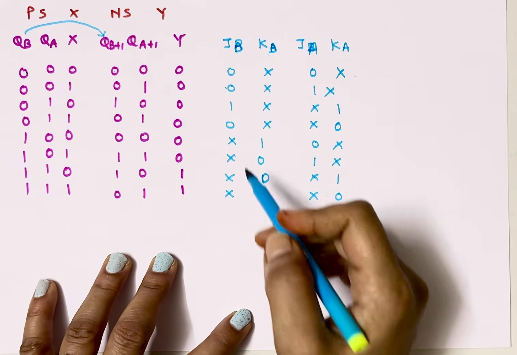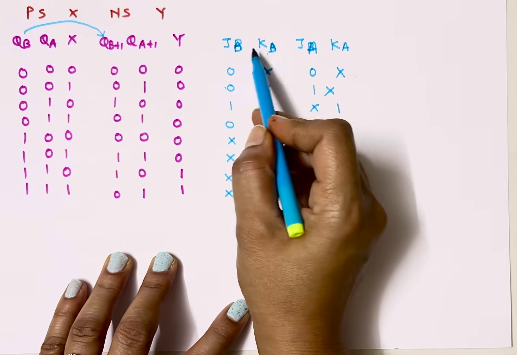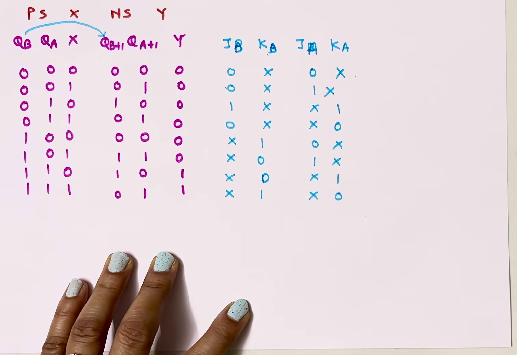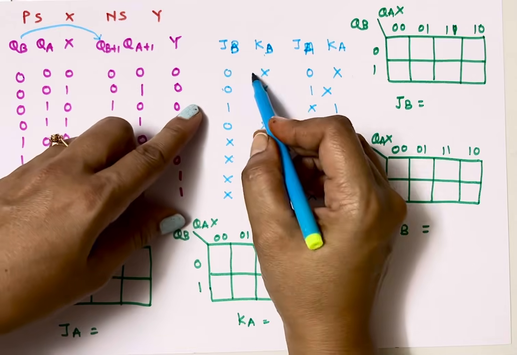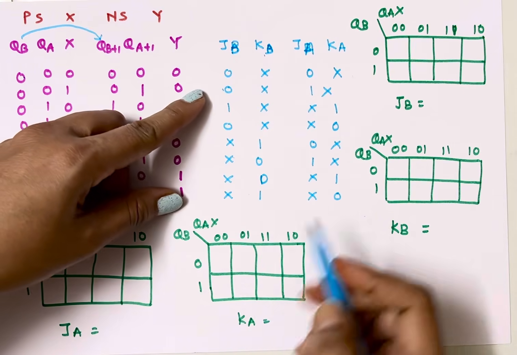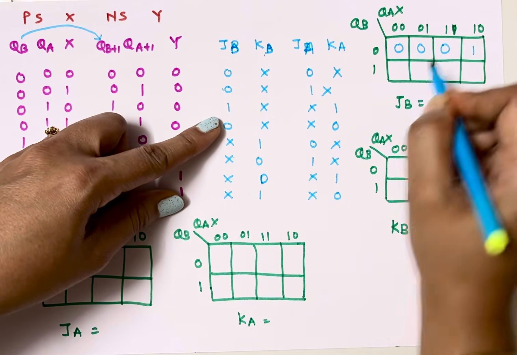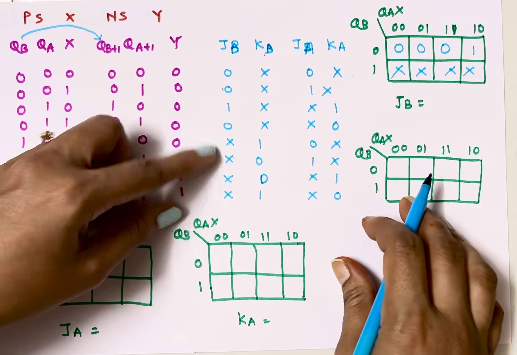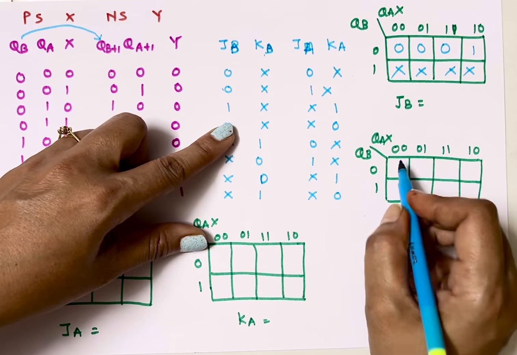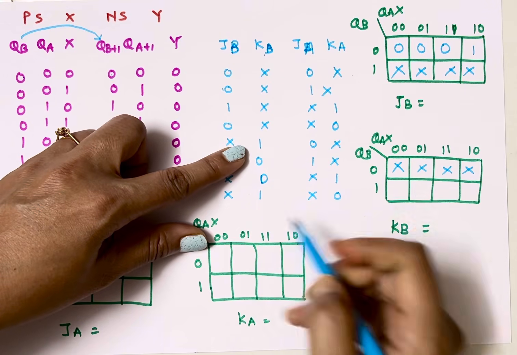Now let's put these values into the K-map and let's identify equations for JB, KB, JA, KA. So here for JB: 0, 0, 1, 0, and 4 are don't cares. For KB, upper 4 are don't cares and lower are 1, 0, 0, 1.